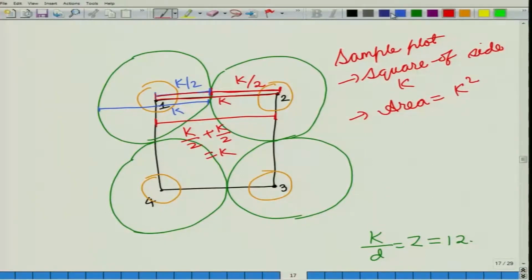If you look here, we have a quarter of a tree that is inside the square. So, this is 1/4 of a tree. Here also we have 1/4 of a tree. Here also we have 1/4 of a tree, and here as well we have a quarter of a tree.